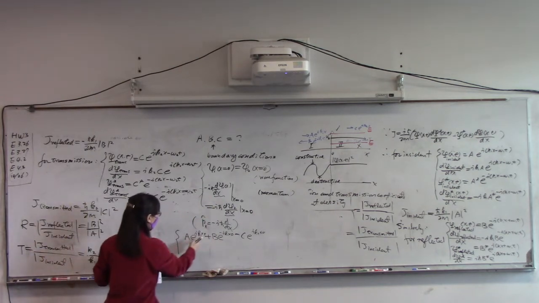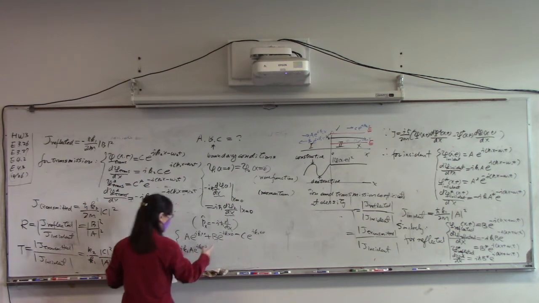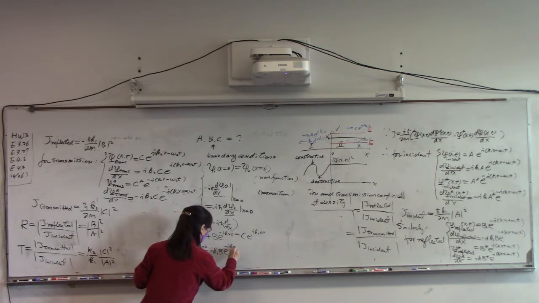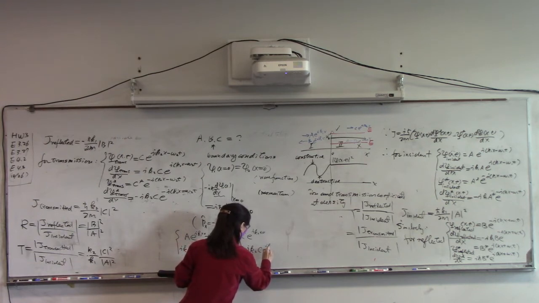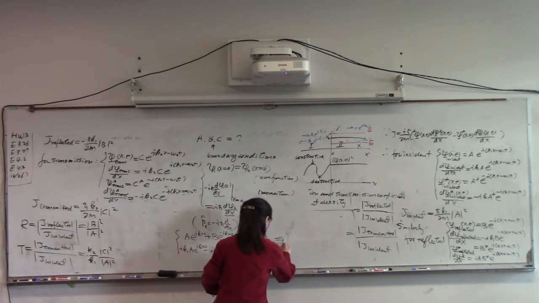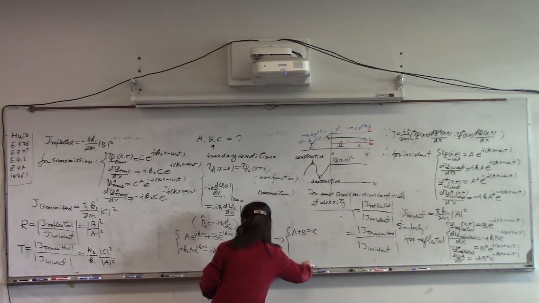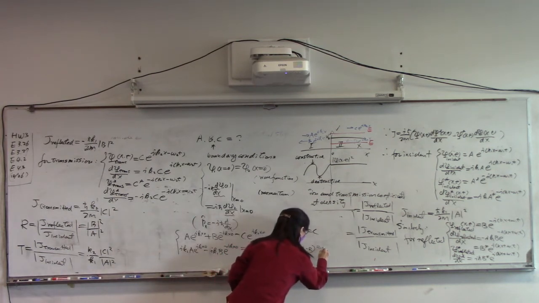Now the first order derivative: this one is i k1 a exponential i k x, and this is minus i k1 b exponential minus i k1 times 0, equal to i k2 c exponential i k2 times 0. So simply, a plus b equal to c, and i cancels, so k1 times (a minus b) equal to k2 c.